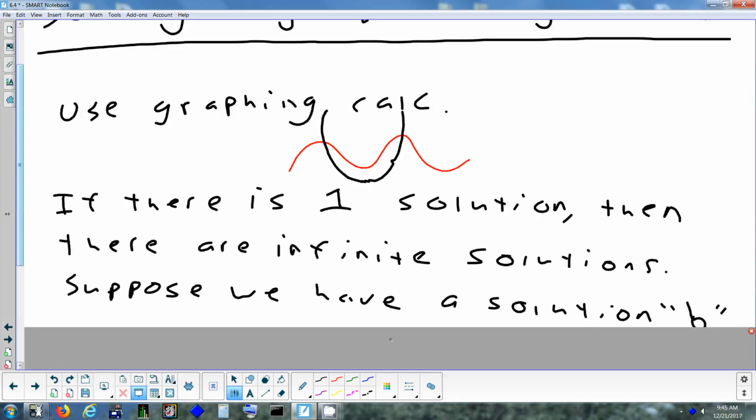But the parabola doesn't go left and right forever in the region that the trig function does. It starts going left and right forever above it. So if you graph a line and a trig function, you're good, infinite solutions. A trig function and a trig function, yep, usually infinite solutions, if they cross at least once.